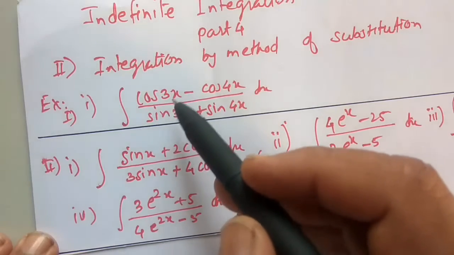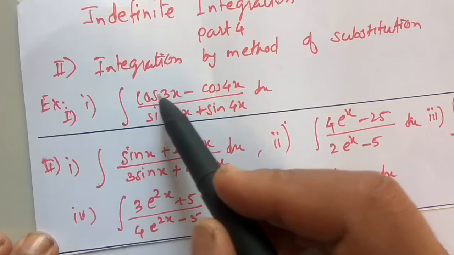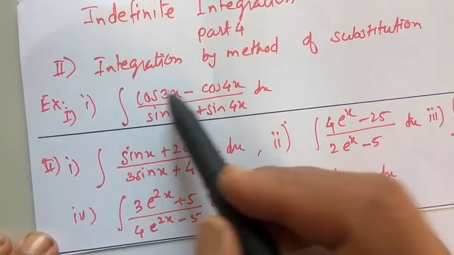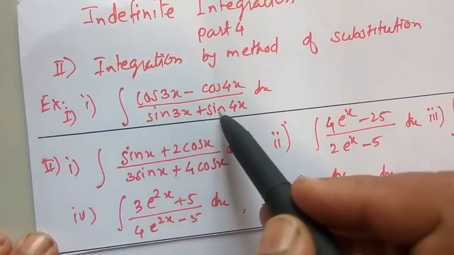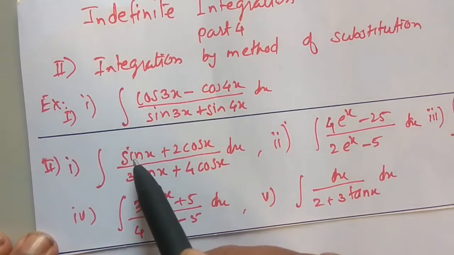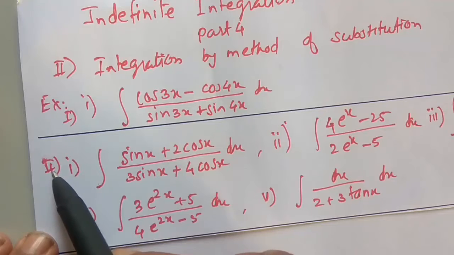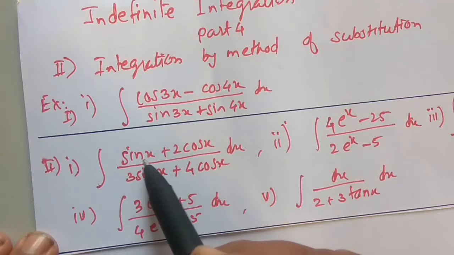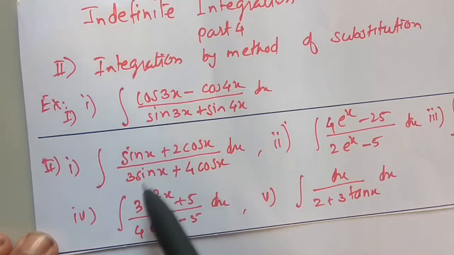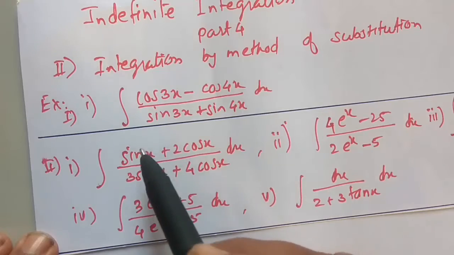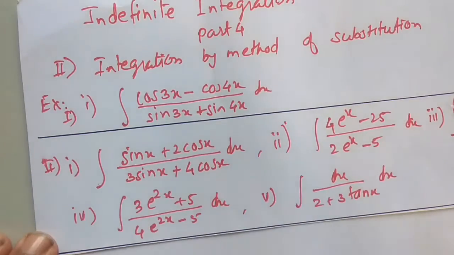In the first example, in the numerator there is only cos and in the denominator is sin. But in example type 2, it is a combination of sin and cos in the denominator and in the numerator.